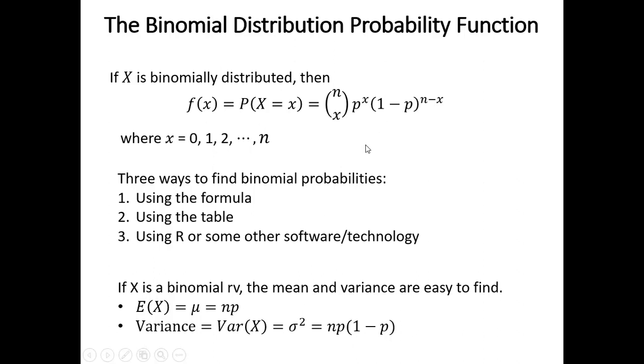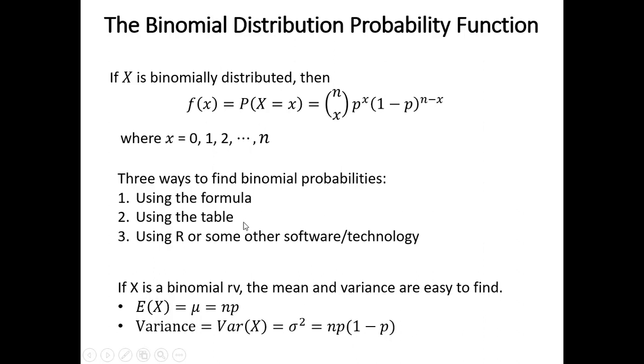So when we need to calculate probabilities from a binomial distribution, we'll look at 3 ways to find the probabilities. The first way is using this formula. Okay, and this calculates what I would call exact probabilities. Probability x is equal to 5, for example. Another way to find probabilities is to use the table.